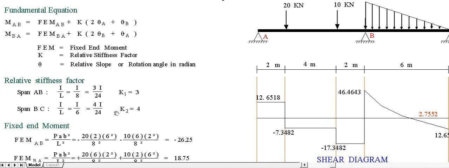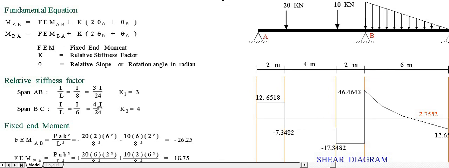First step is the relative stiffness factor. We will see how strong the beam is. Span AB is 1 over L or 1 over 8.